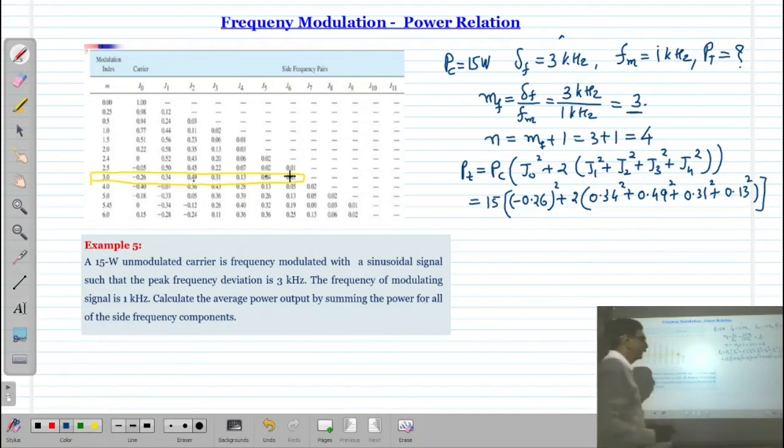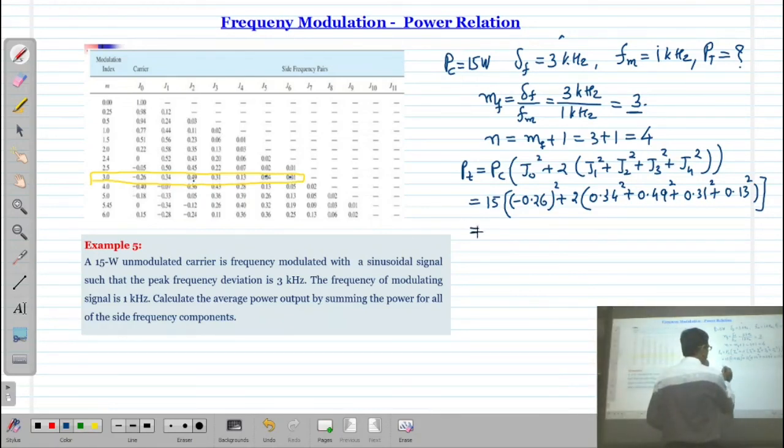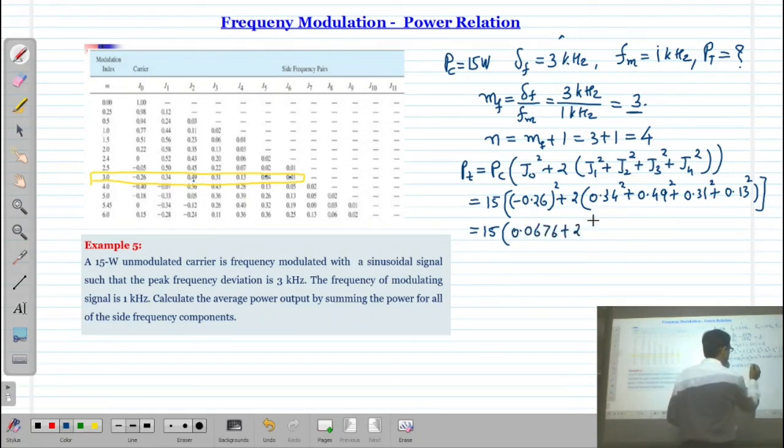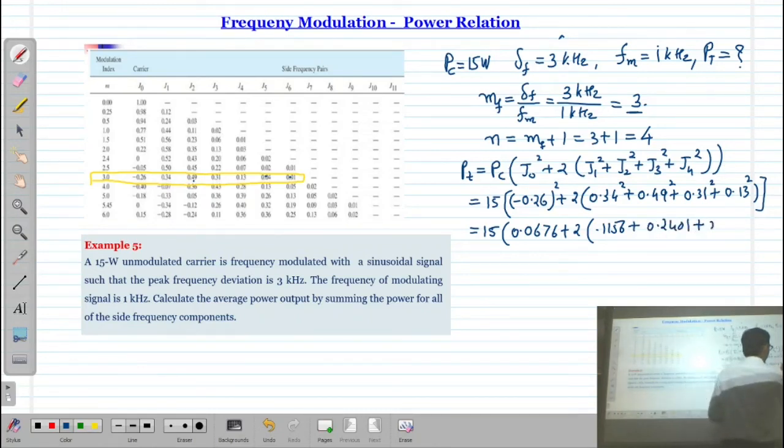And here if we calculate, 15 into the bracket: minus 0.26 whole square is 0.0676, plus 2 into 0.34 square is 0.1156, plus 0.2401, plus 0.0961, and the last term will be 0.0169.